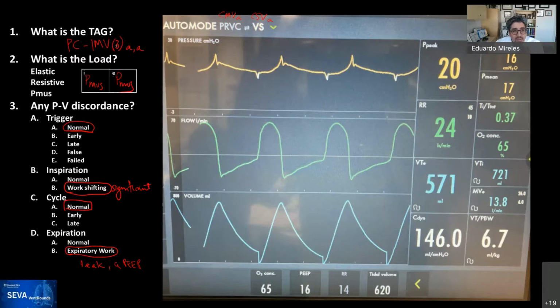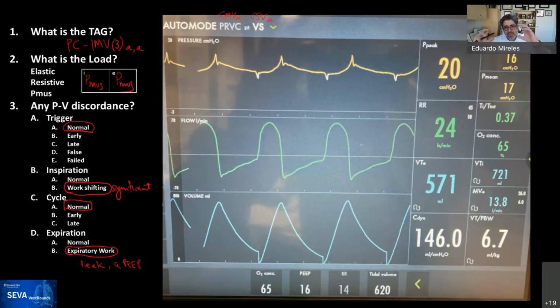It's type 2. Type 3, the only mode that does type 3 right now is ASV and I think mandatory minute ventilation. And remember that type 3 means that the mandatory breaths and spontaneous breaths will coexist to keep at this point target. So as it's implemented right now, it's mandatory minute ventilation.